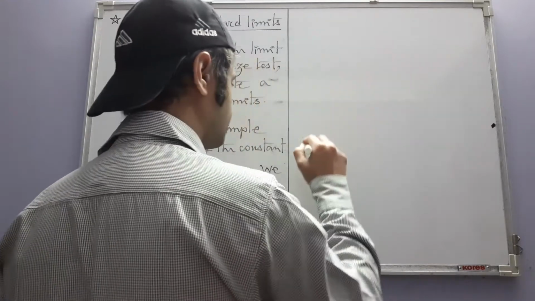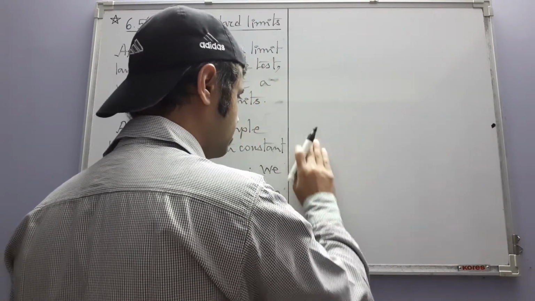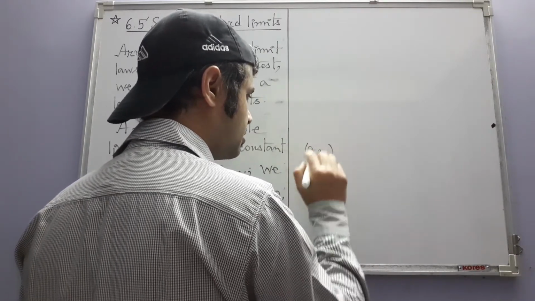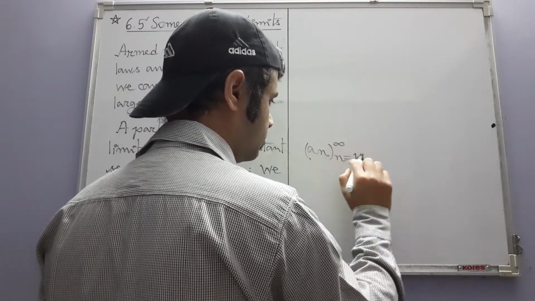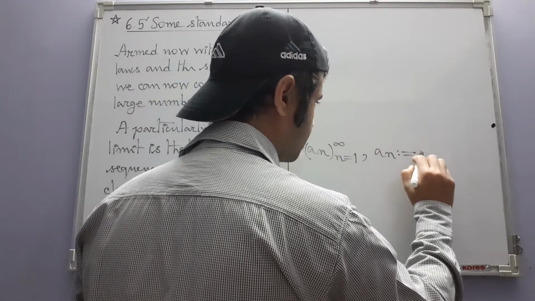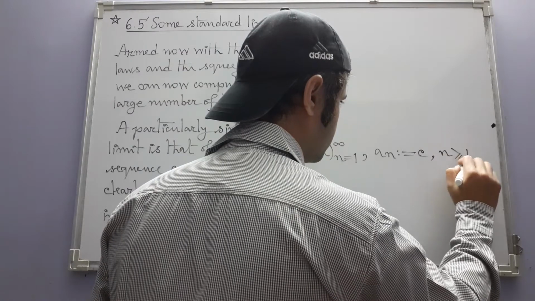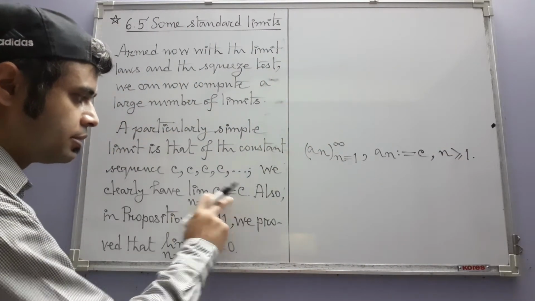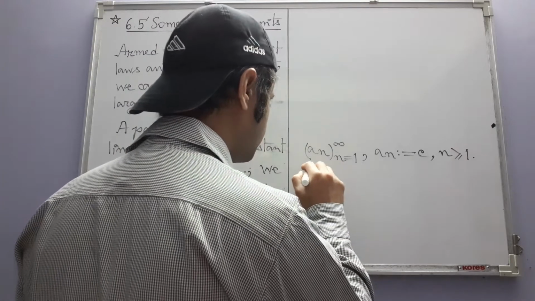How? If we, just for the sake of this argument, call this sequence a_n, then all the a_n are of course equal to c. Now, in order to show that this limit is c, we apply the definition itself.